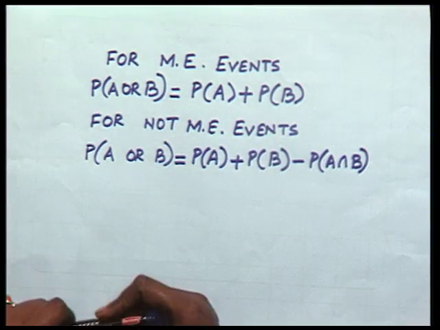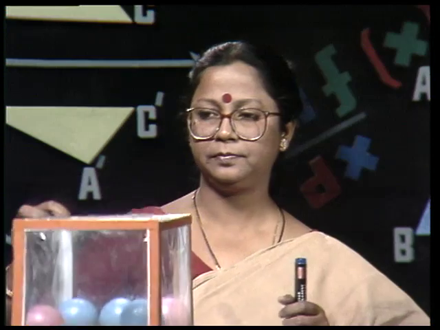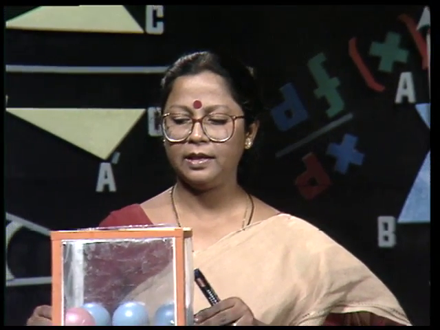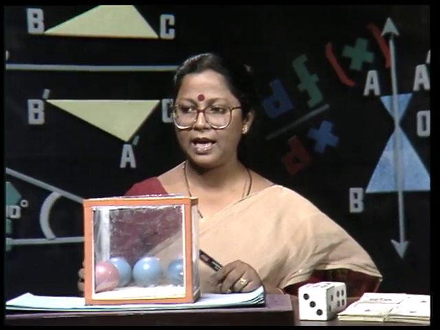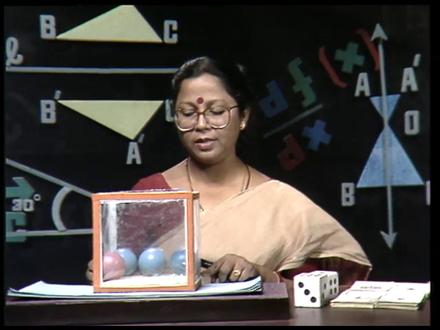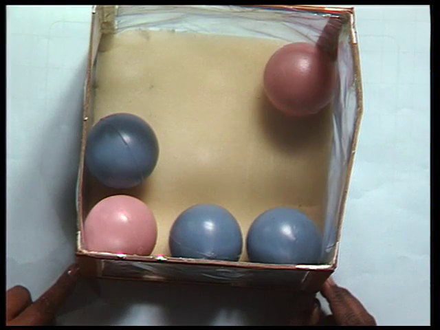You must have observed that the knowledge of set theory helps us a lot in proper understanding of the theory of probability. Try to recall the complement of a set and consider this experiment. Here is a container which has 2 pink balls and 3 blue balls.